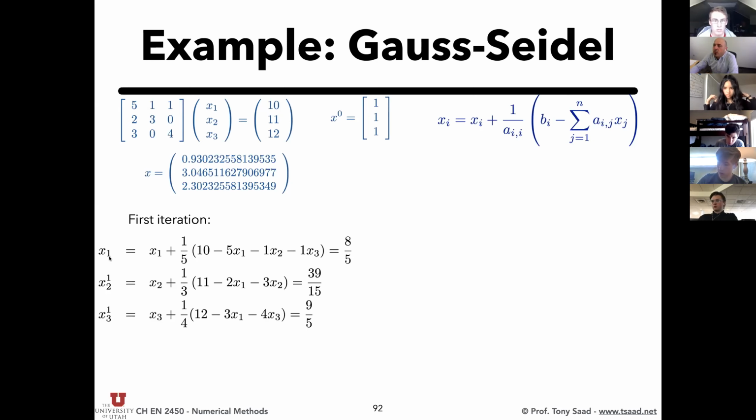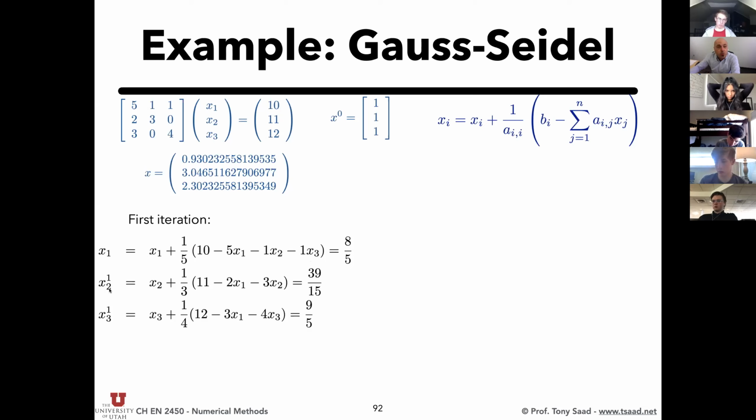For the first iteration, X1, we are forced to use the old values because that's the first entry in the solution, okay? So it's X1 plus 1 over 5, that summation, 5 minus X2 minus X3. And over here, X1, X2, X3, we're going to use 1, 1, 1. That's the initial guess. And that gives you 8 over 5.